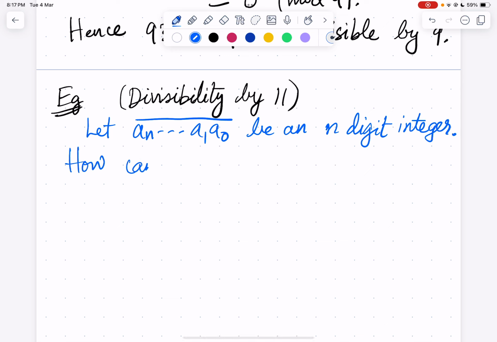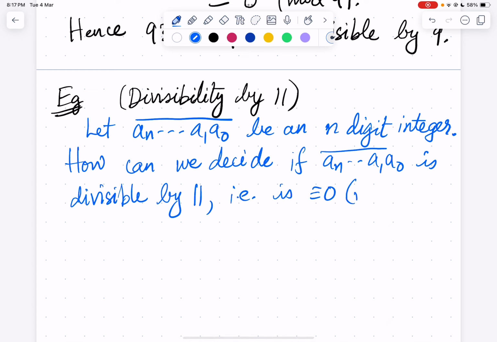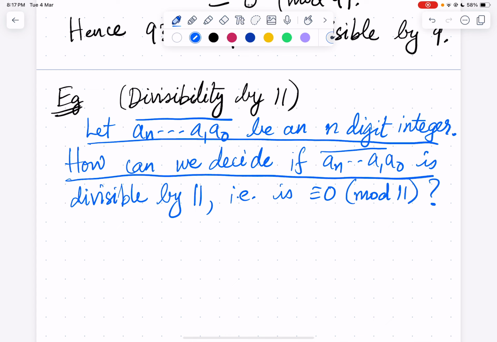How can we decide if this n-digit integer is divisible by 11? That is, 0 plus a multiple of 11, congruent to 0 mod 11. How can we decide if this integer is congruent to 0 mod 11?